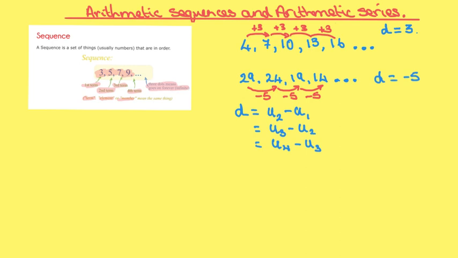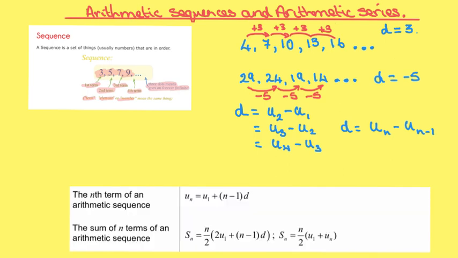So in general, d is found by un minus un minus 1. Any term in the sequence minus the previous term. In an IB exam, you will get the following 2 formulas.